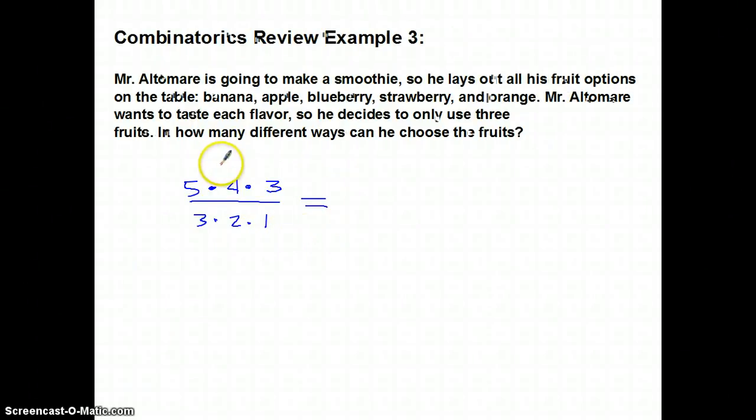And let's go ahead and start crossing some things off here. I got a 4, which is 2 times 2, and the 3's here cross, the 2's here cross, and we're left with 5 times 2, which is 10. So he can choose those fruits a total of 10 different ways. He can choose a combination of 3 fruits taken from 5 in 10 different ways.